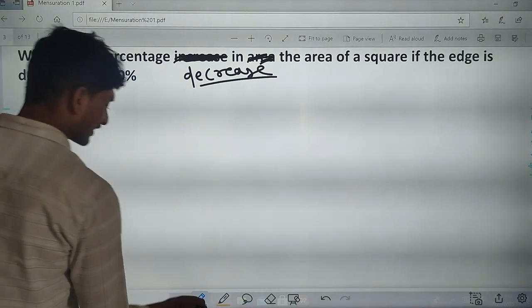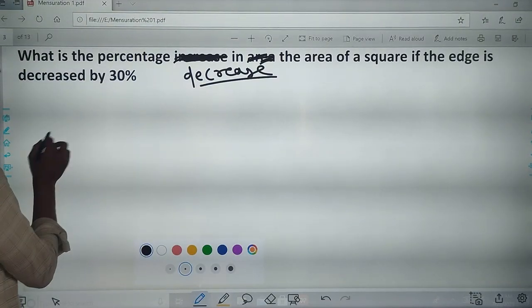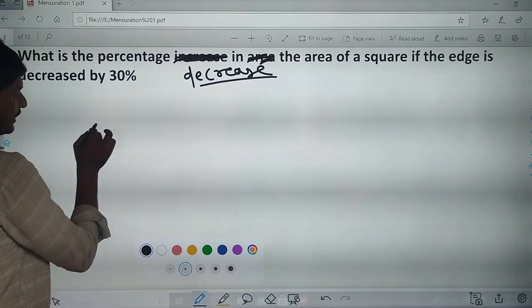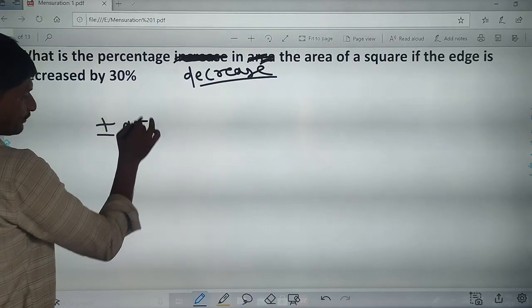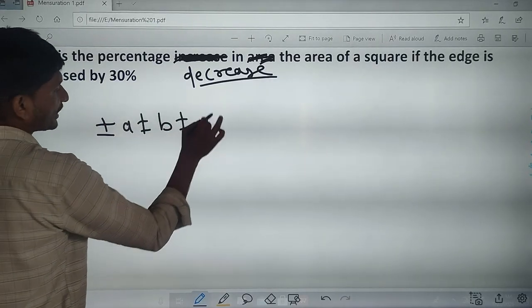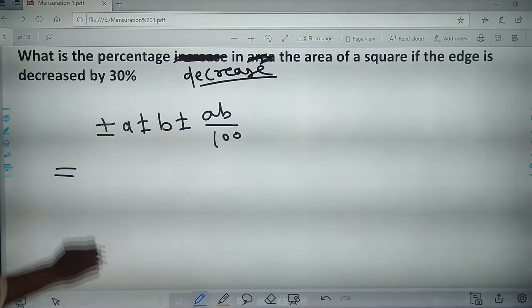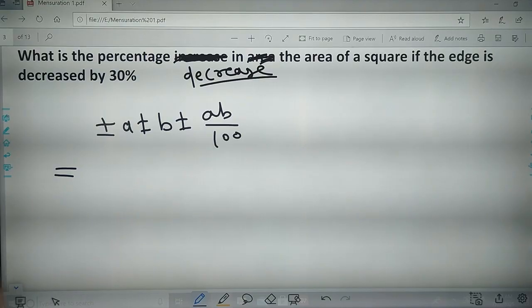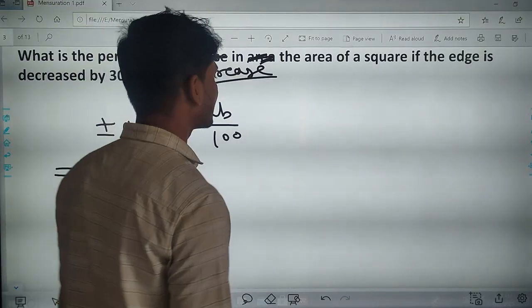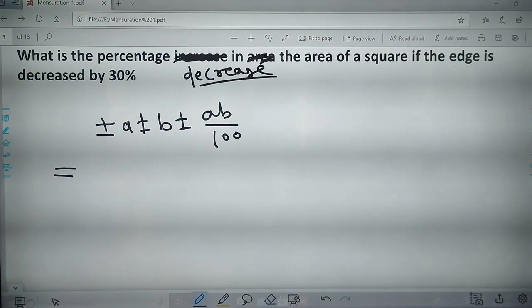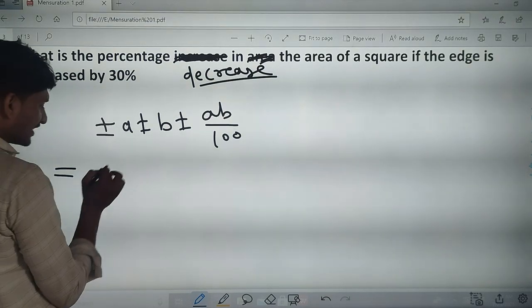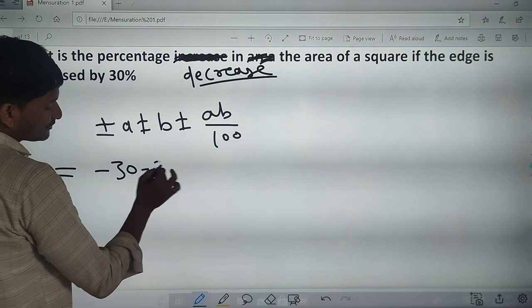If the edge is decreased by 30%, then we use the formula a plus b plus ab divided by 100. Here the edge is decreased by 30%, so a is minus 30 and b is minus 30.